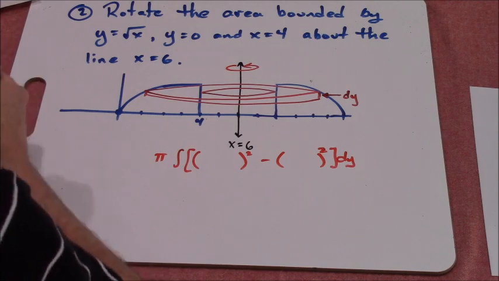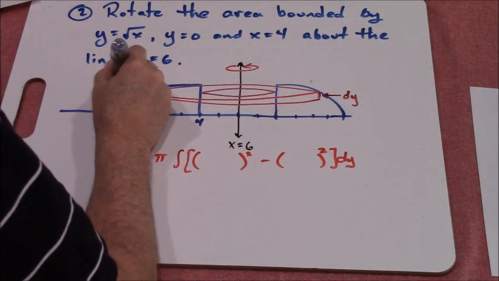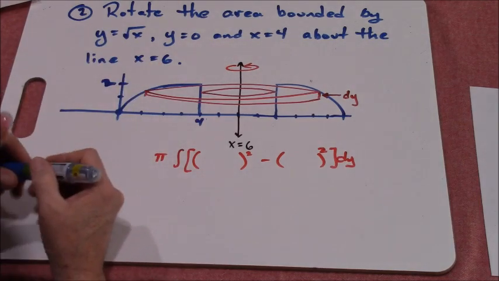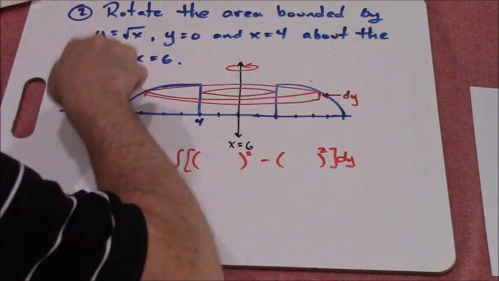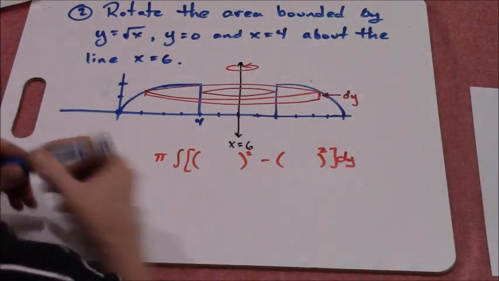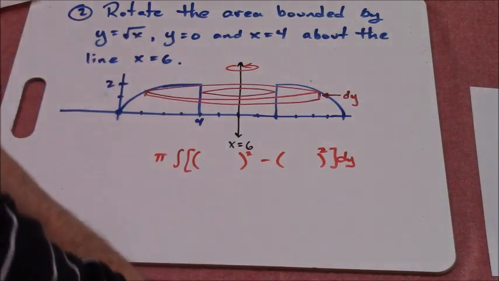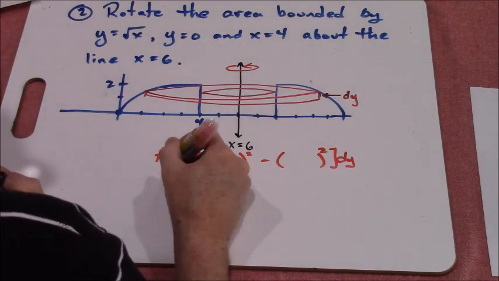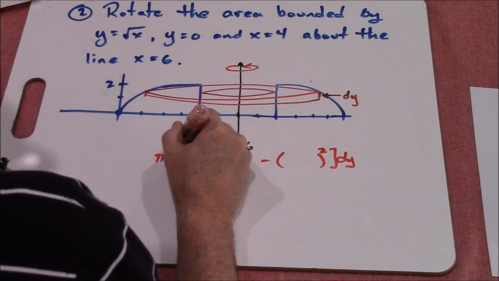So our top washer is going to be at y equals 2. So we could say our integral is going to go from 0 to 2.